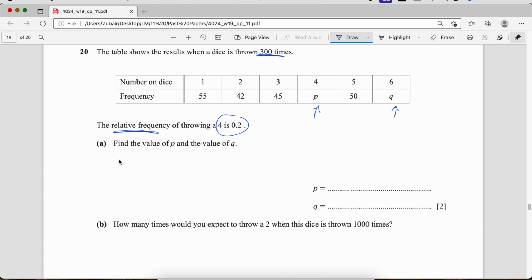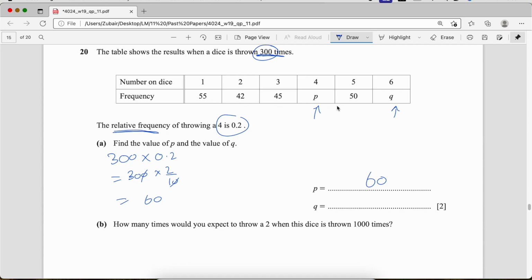So total is 300 times the relative frequency. So 300 into 0.2 is 60. Now P is 60, we already have the other values, and I can add all these and subtract from 300.